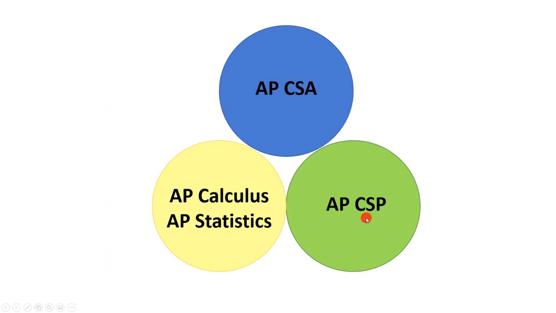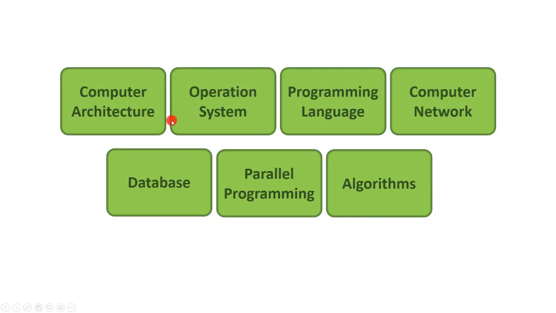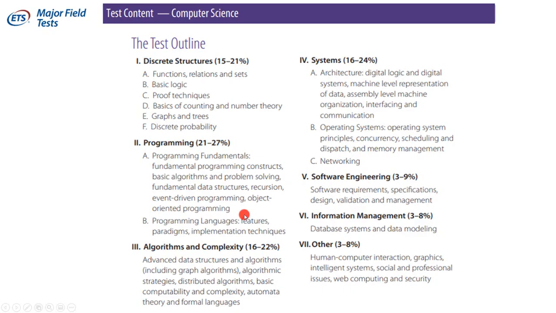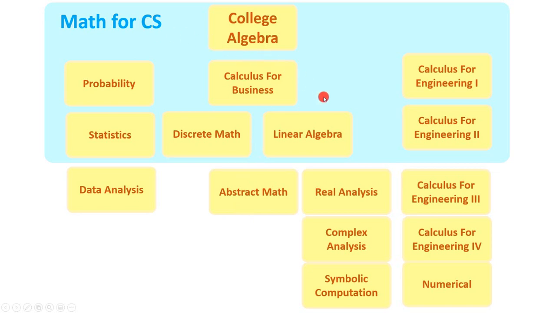In AP Computer Science Principles, I briefly touch on computer architecture, operating systems, and some algorithms and data. And AP Statistics covers some of the basic math for computer science.